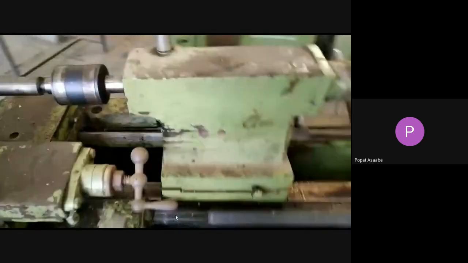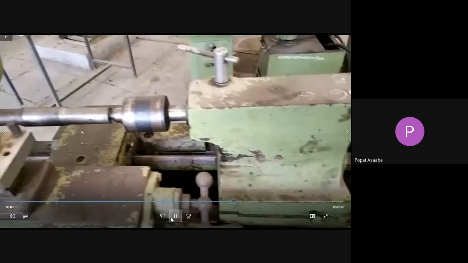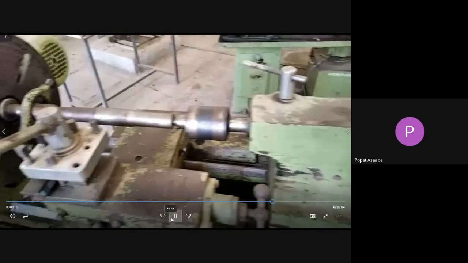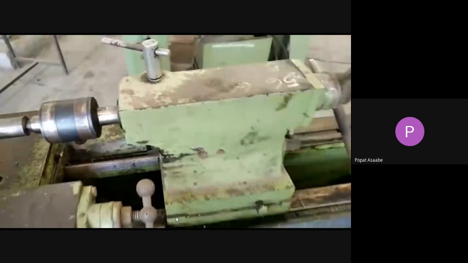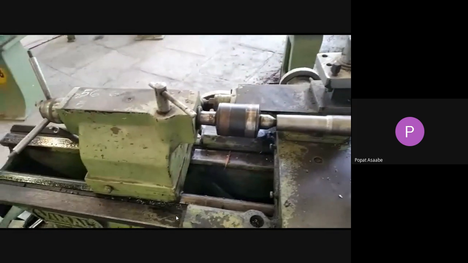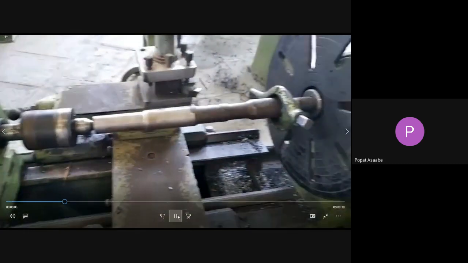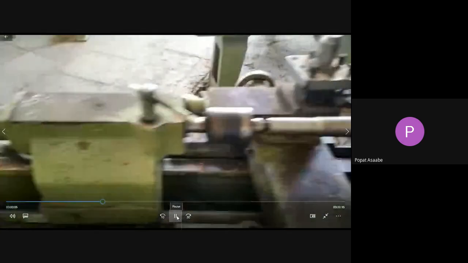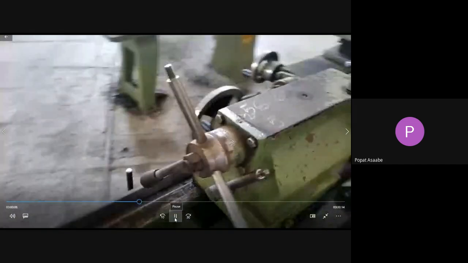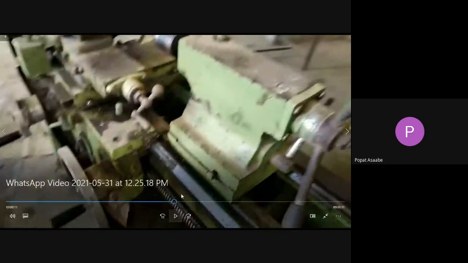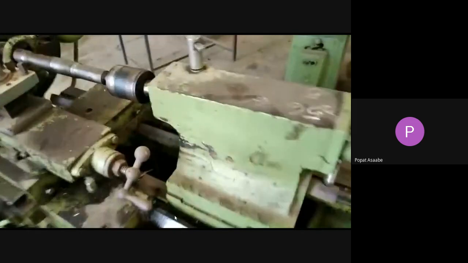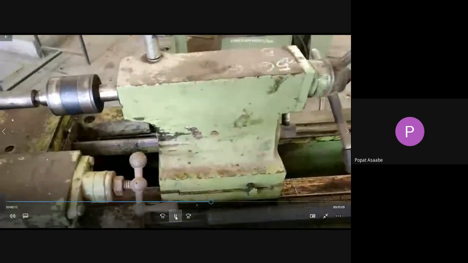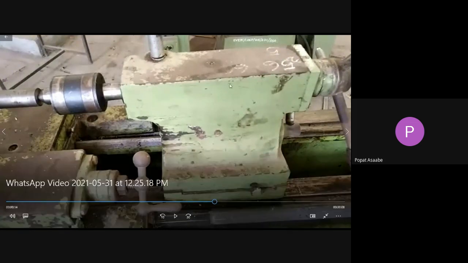Once again, please see all the video. See, this is your tailstock.